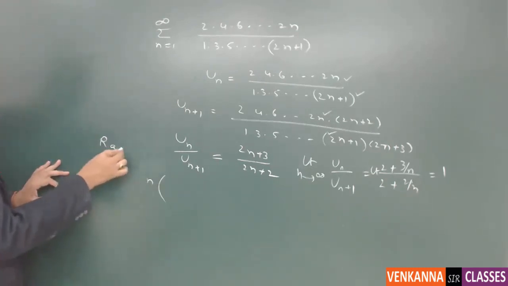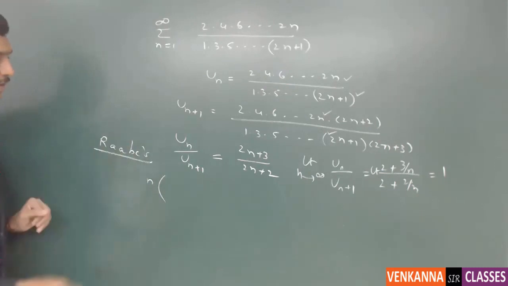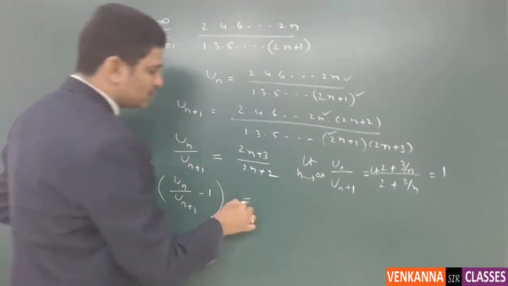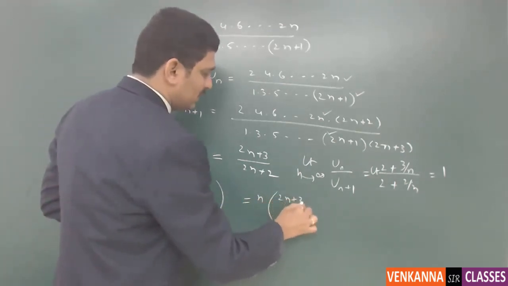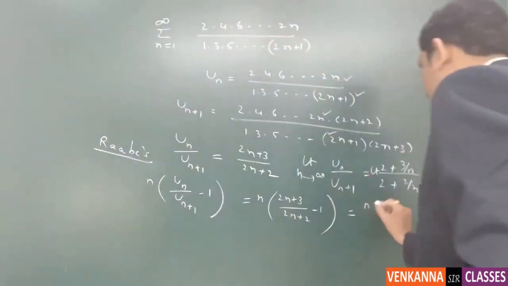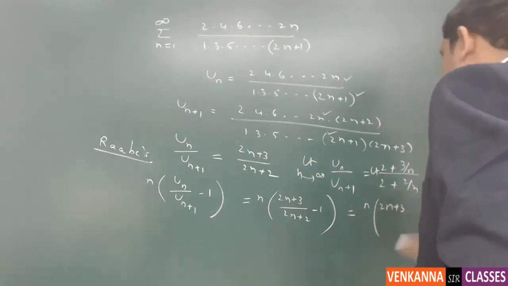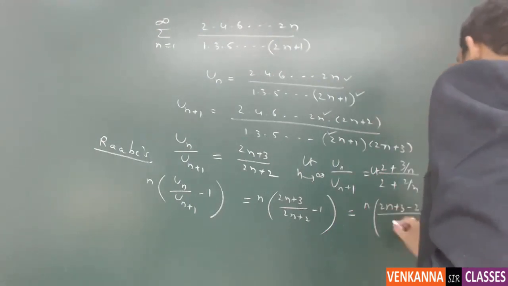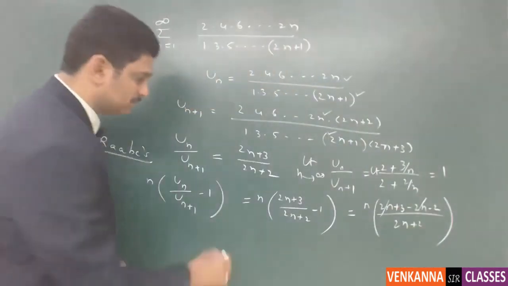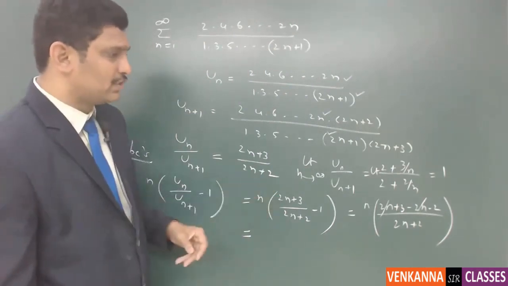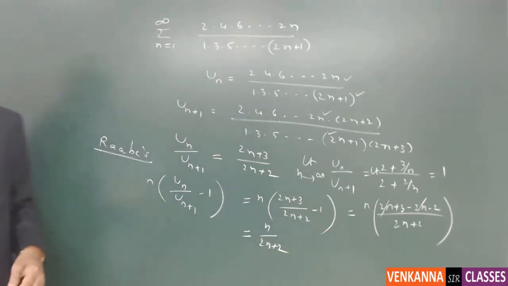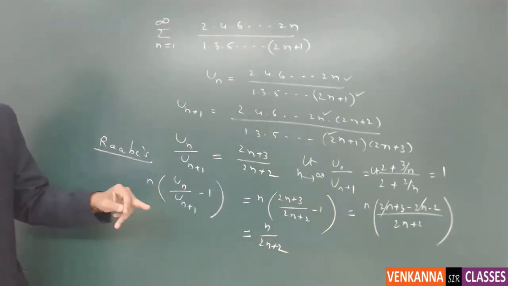We use Raabe's test: n into un by un plus 1 minus 1 equals n into 2n plus 3 by 2n plus 2 minus 1 equals n into 2n plus 3 minus 2n minus 2 by 2n plus 2. 2n gets cancelled. This is equal to n by 2n plus 2.